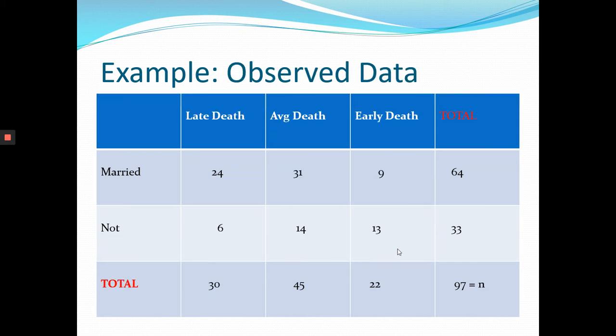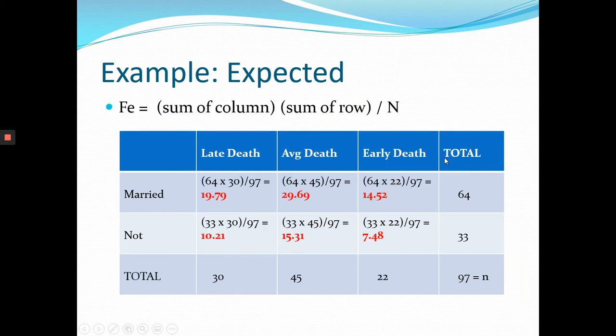So when you're doing this, I've already showed you the first two steps. One is you want to get the totals of your rows and your columns and also the total number of people. That's the first step you do after you have the observed data. The second step is I would calculate the expected frequencies using this formula. Again, each column and row for that cell, multiply those two numbers and divide it by the sample size.